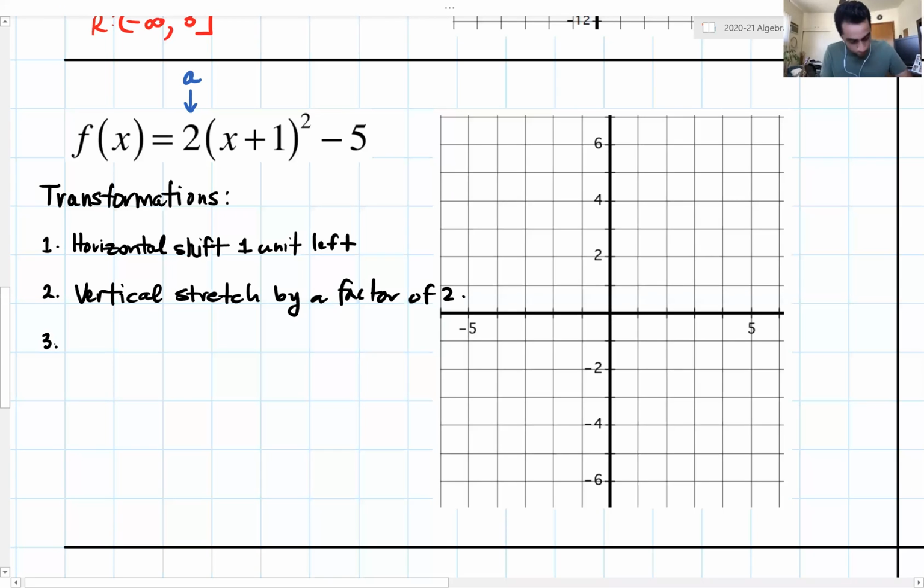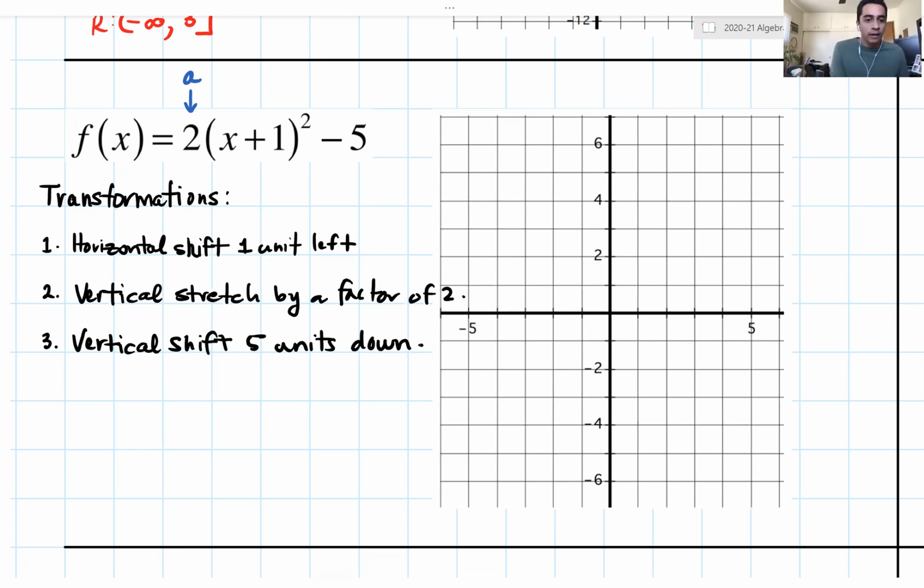Okay, third transformation. Yeah, we have a vertical shift, 5 units down. And is there anything else? We're done in terms of transformations. That's it. There's only 3. No reflections.